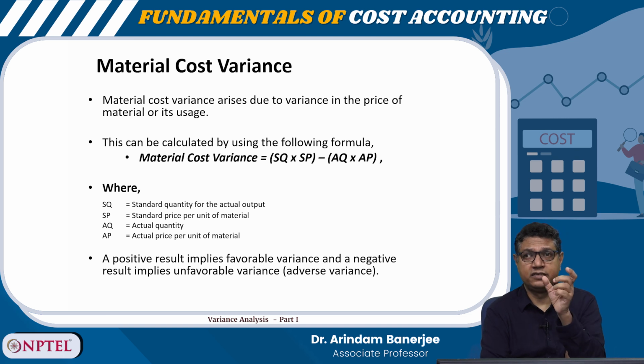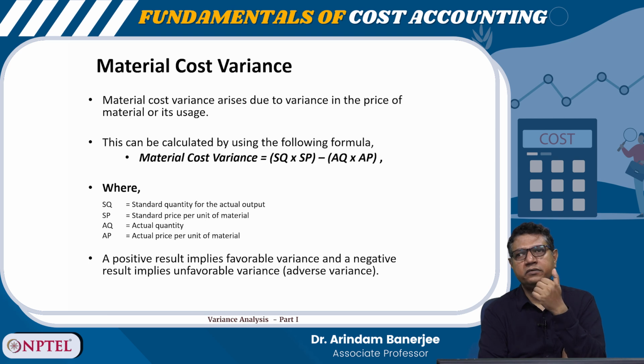So this difference, that is standard quantity into standard price, my standard material cost, minus actual quantity into actual price, my actual cost, is my material cost variance.